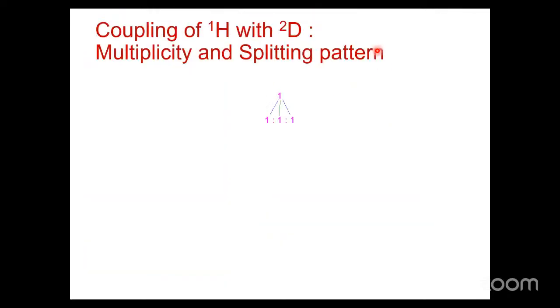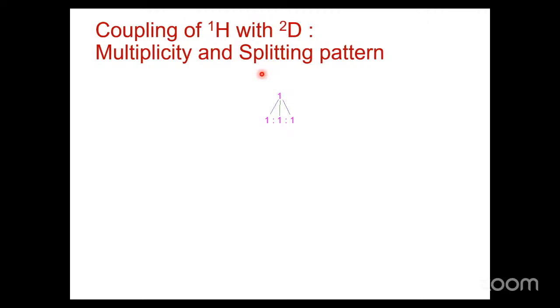Okay. Coming to carbon 13. Before carbon 13, let us have one more example in addition. Suppose hydrogen is interacting with deuterium attached to the neighboring carbon. Now the spin number is different. For H1 it is 1/2, for deuterium it is 1.